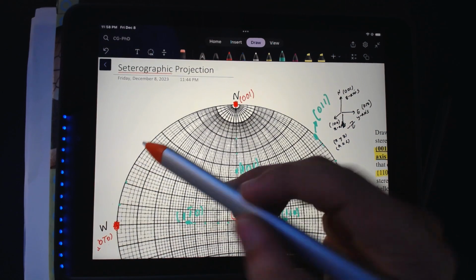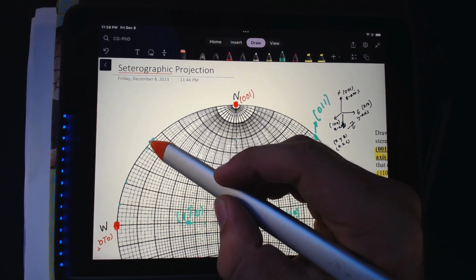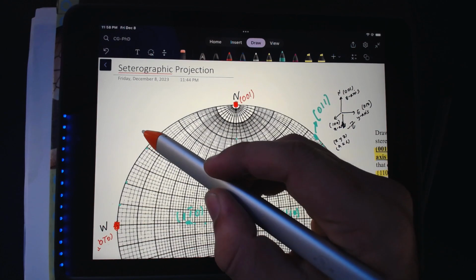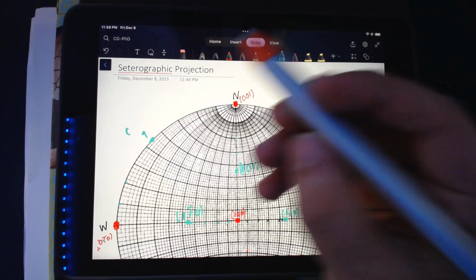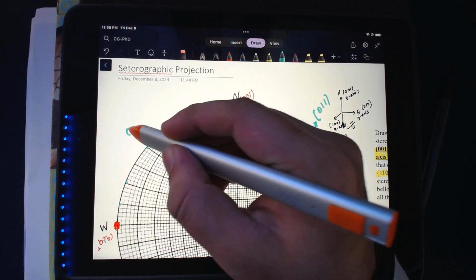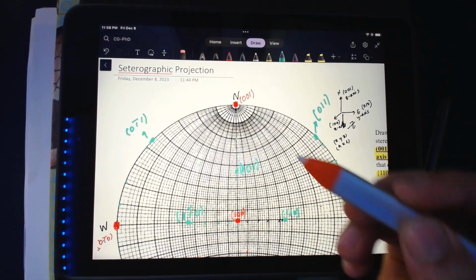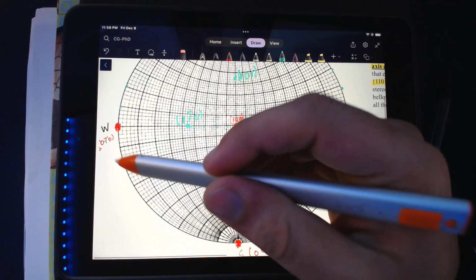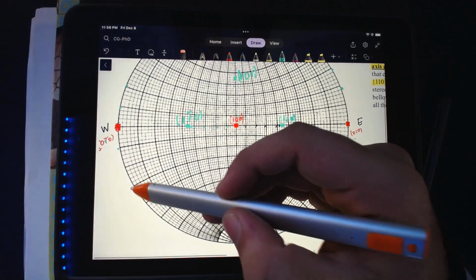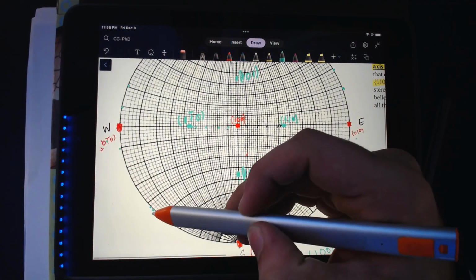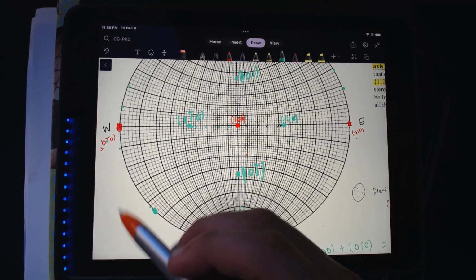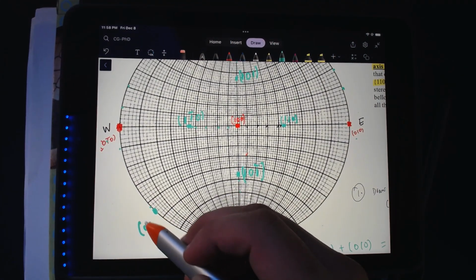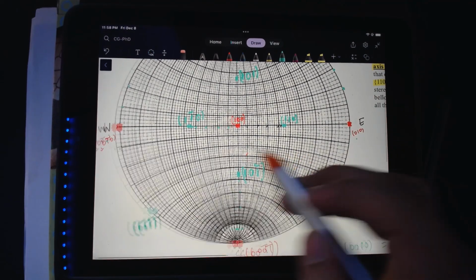10, 20, 30, 40, 42, 44, 45. And then this pole is just the sum of the west and the north. So this becomes 0, bar 1, 1. And then on this side, 10, 20, 30, 40, 42, 44, 45. This becomes the sum of west and the south, and this will be 0, 1, bar 1, bar 1.